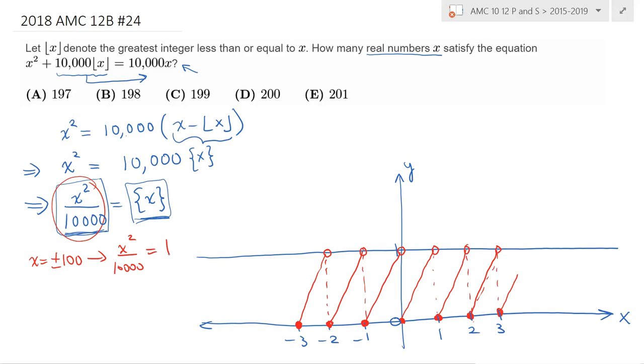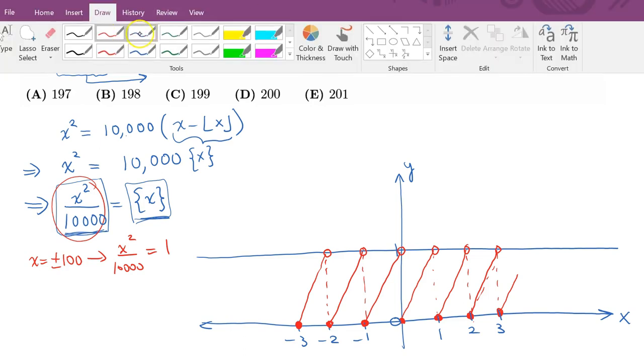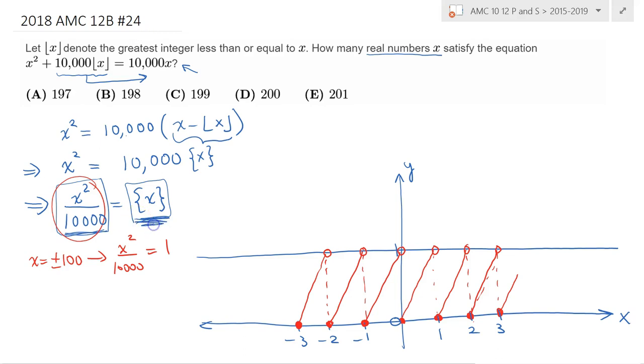So let me go further, all the way up to 100, to see what happens for the right hand side, and then how it intersects with the left hand side. So we have, let's say this one is 98, 99, and maybe I need a little bit more space here, so let's just delete that. So we have, let's say this is 100.